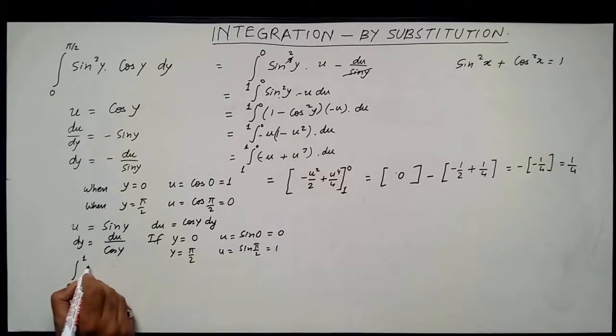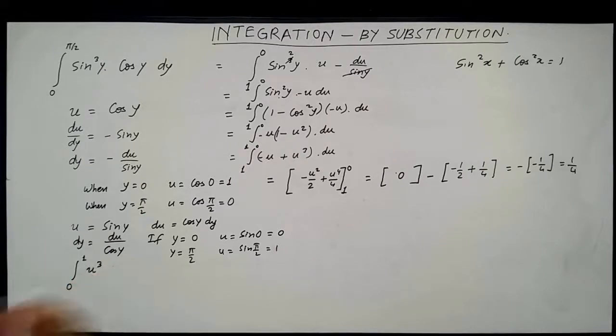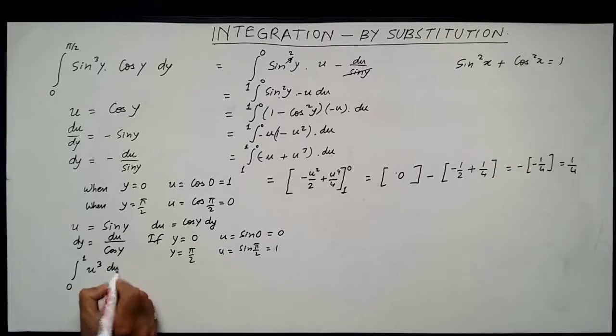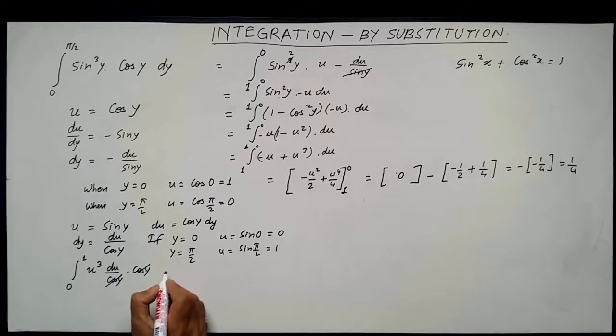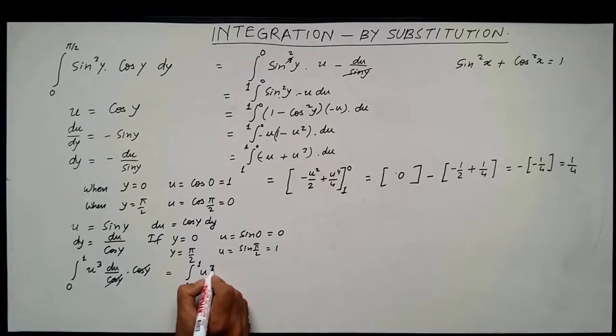Sine cubed y becomes u cubed, and dy becomes du by cos of y. The cos of y and cos of y will cancel, so we'll be left with integration between the limits of 0 to 1 of u cubed du.